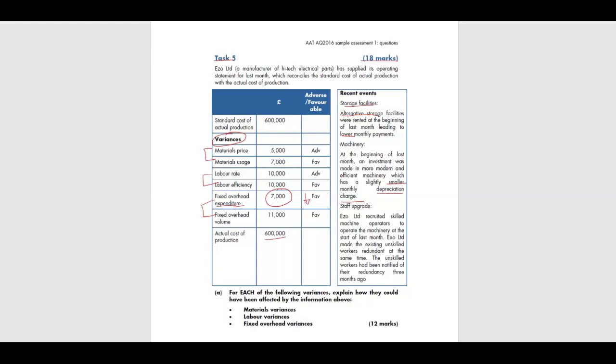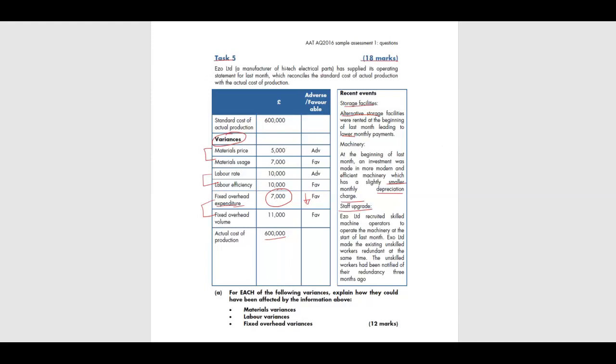The next point we have here says EXO Limited recruited skilled machine operators to operate the machinery at the start of the last month. EXO Limited made the existing unskilled workers redundant.